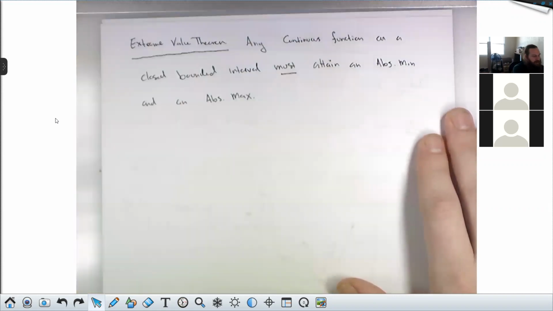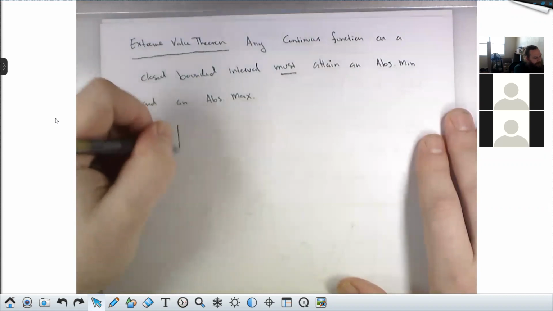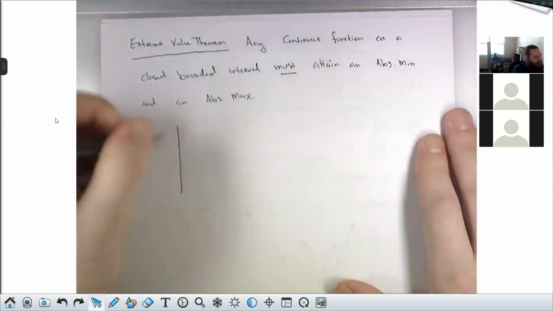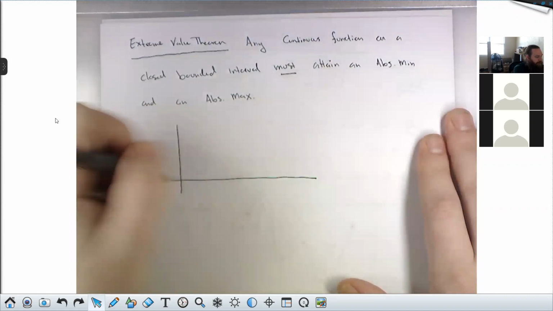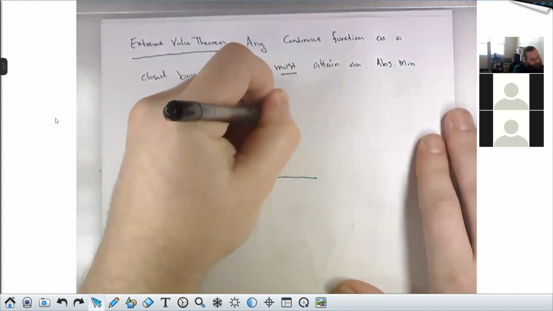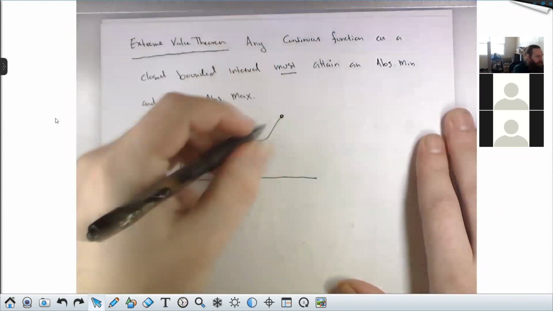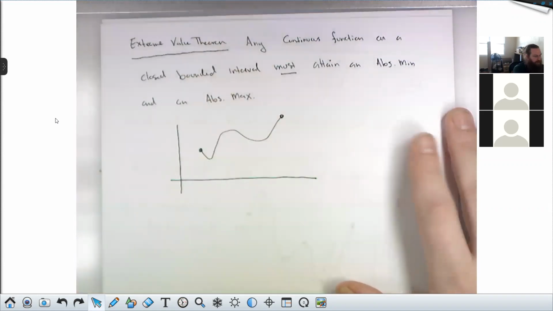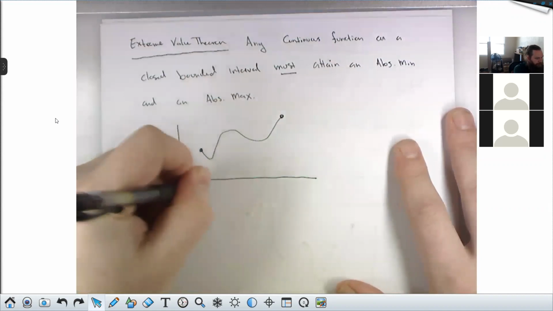Kind of the idea being if your function is continuous and the domain that you're looking at is a closed bounded interval, then no matter how hard you try and avoid it, there will be a tallest point on the graph and there will be a lowest point on the graph.